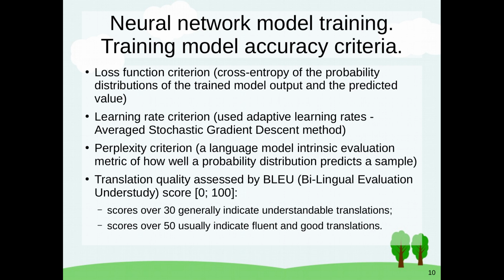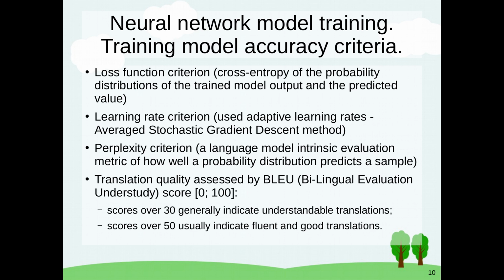Due to language independency, wide adoption, and low calculation complexity, the BLEU metric was chosen. This metric is widely used because it highly correlates with human assessment, and it has several variants, and also supports multiple references. A reference is a translation by a human.